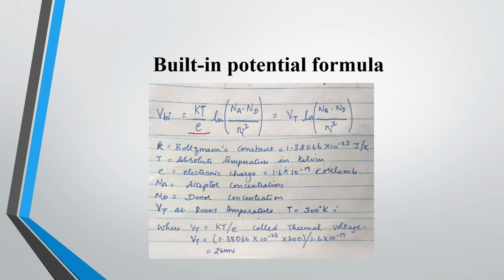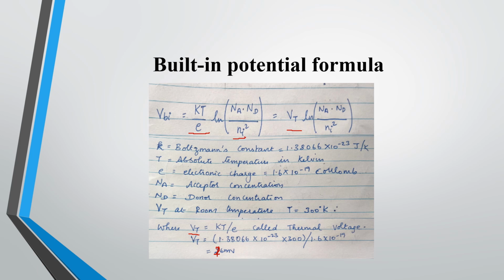So Vt is the thermal voltage, where Ni, here I missed mentioning it, is the intrinsic carrier concentration. As we solve this by substituting the values of K, T and E, it becomes, sorry, 26 millivolts.